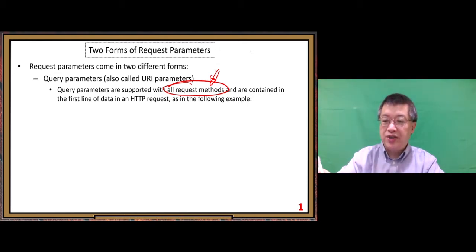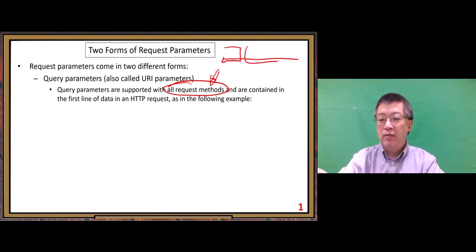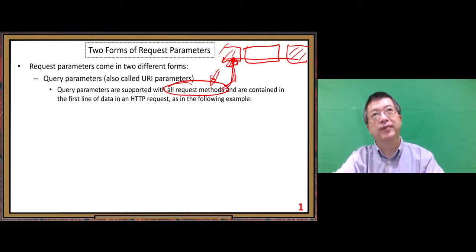Remember, our request line has three pieces: piece 1, the middle piece, and piece 3. The first piece specifies the request method.